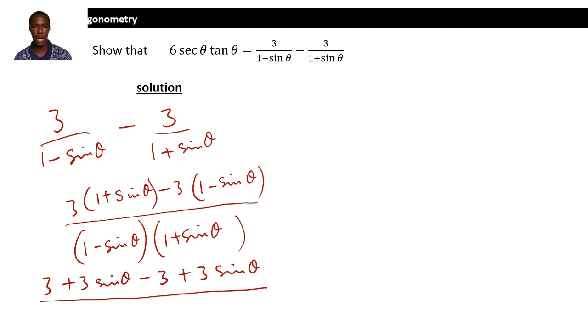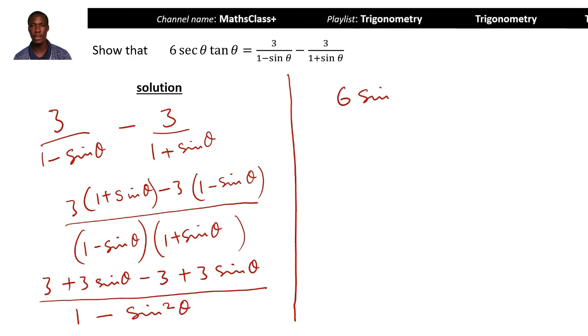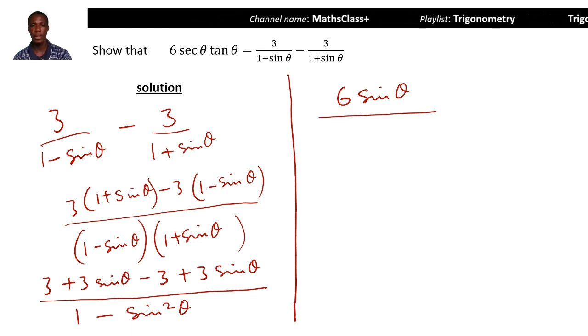That gives me 1 minus sine squared theta. Okay, so now let me add like terms. So 3 minus 3 will go away, and then I'll have 6 sine theta divided by 1 minus sine squared theta.